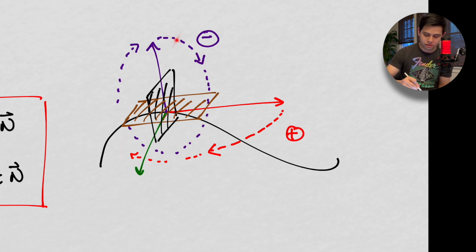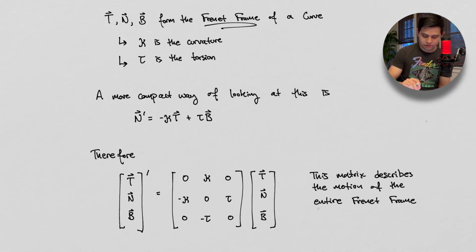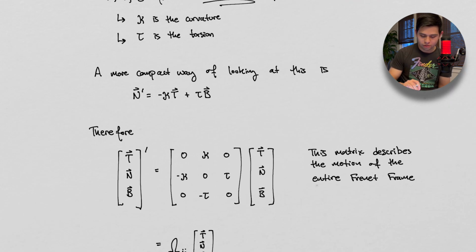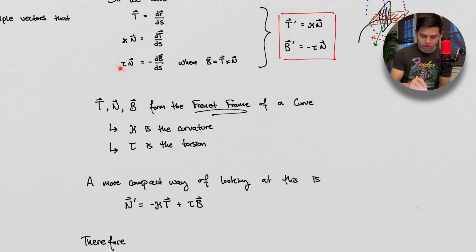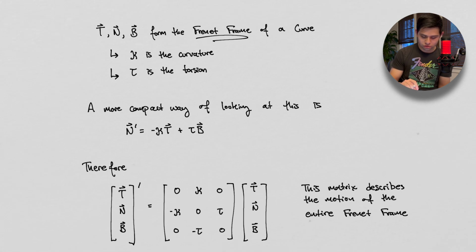But if B rotates this way, then N is going to rotate this way. So that's how we compensate for everything up here. So that's why this here is going to be negative, and this is going to be positive.